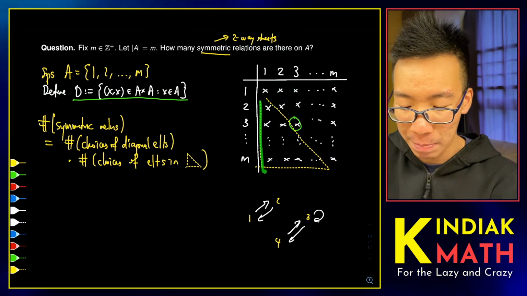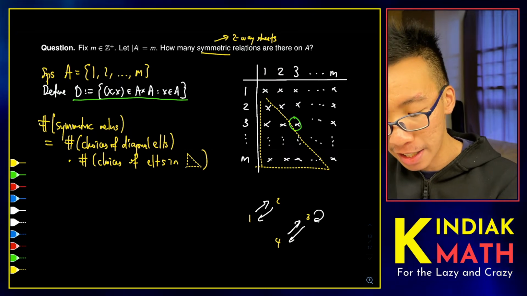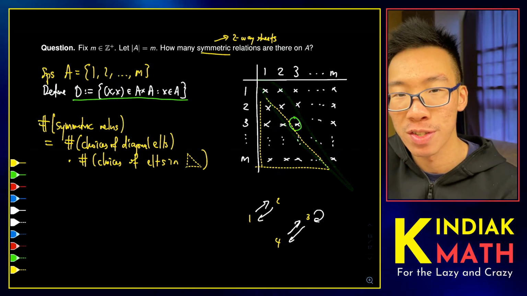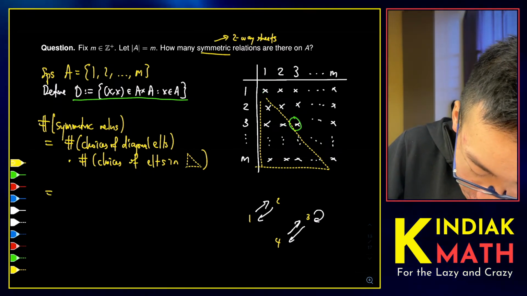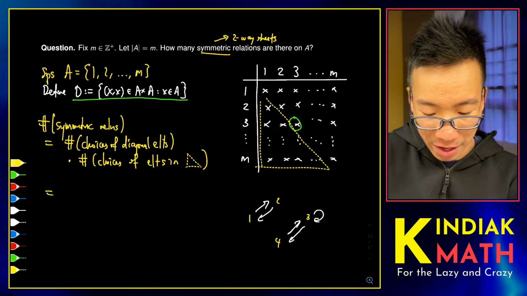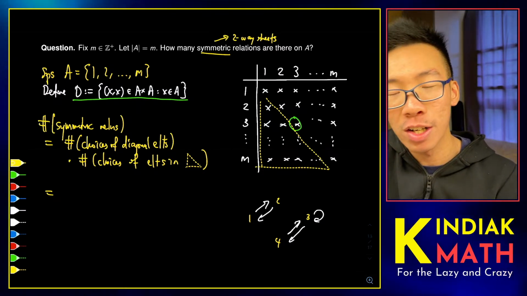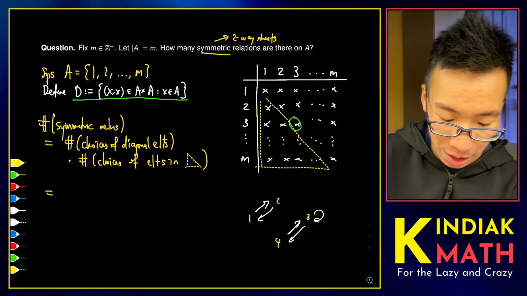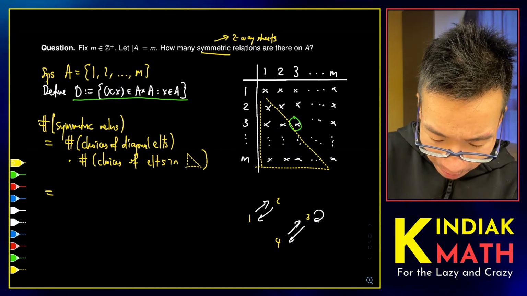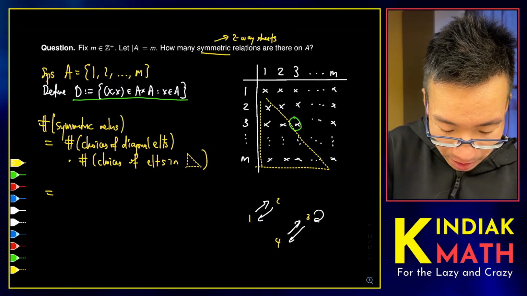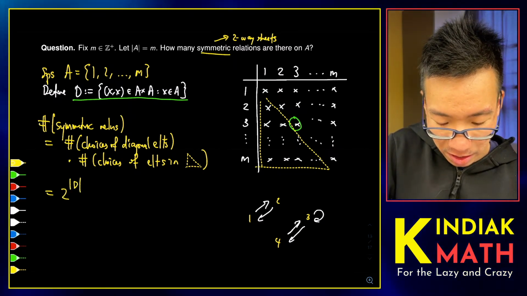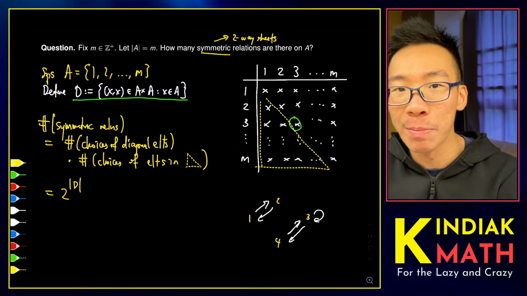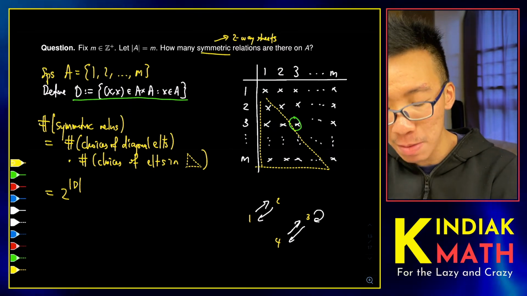All the choices really happen inside the diagonal, or in the lower triangle. Of course, the diagonal itself gives you choices as well. So, how many choices do we have on the diagonal elements? Well, we can either include or exclude the diagonal elements. So in other words, we can choose any subset of the diagonal elements, and we can choose any subset of the lower triangle.